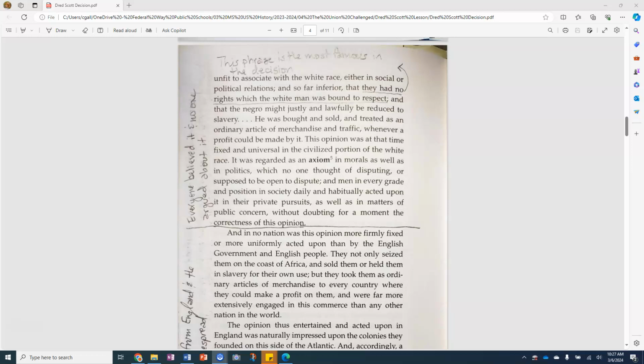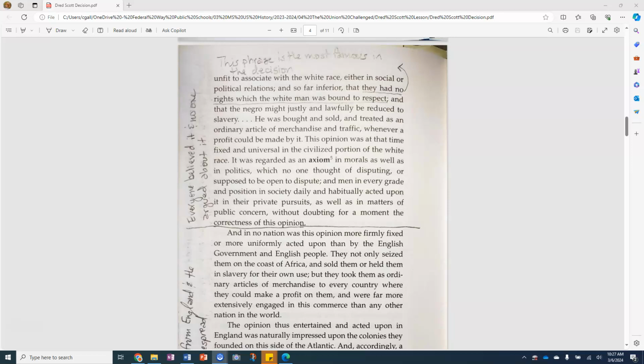He says, and because we don't have to respect their rights, that's what makes us able to reduce them to slavery. And then he goes on to say that really what's going on is that white people are reducing them to slavery and treating them like merchandise. They're treating them like an object, and buying and selling whenever they can make a profit.